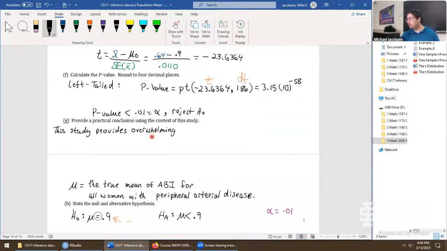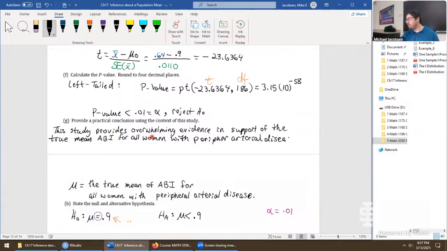It provides overwhelming evidence in support of the true mean ankle brachial index for all women with peripheral arterial disease.